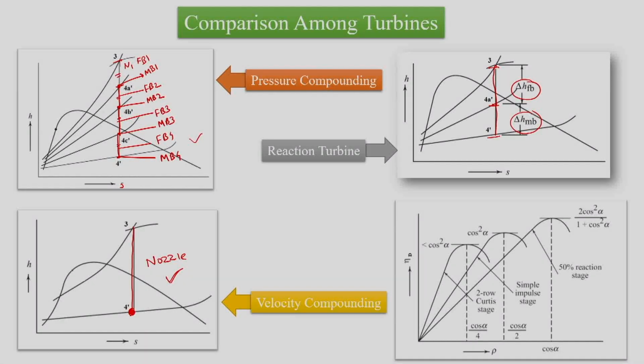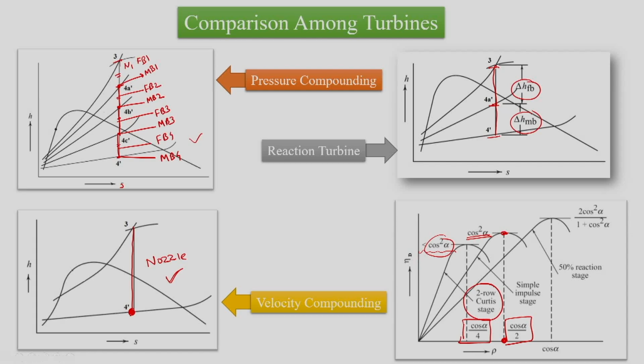So as we see that in case of simple impulse turbine, we have derived rho optimum is cos alpha by 2 and corresponding efficiency is cos square alpha. In case of velocity or 2-stage Curtis turbine, optimum rho is cos alpha by 4, corresponding efficiency is cos square alpha, but it will be always lower than this due to the frictional loss.